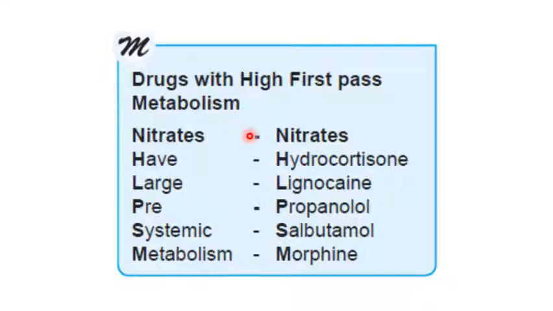These can be memorized by memorizing the sentence, nitrates have large pre-systemic metabolism, and each part of these words can be transformed to the corresponding drug to be easily memorized: nitrates for nitrates, hydrocortisone, lignocaine or lidocaine, propranolol, salbutamol, and morphine. These are examples of drugs that are extensively metabolized by hepatic first-pass metabolism.